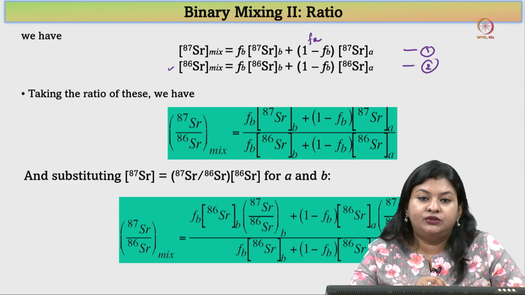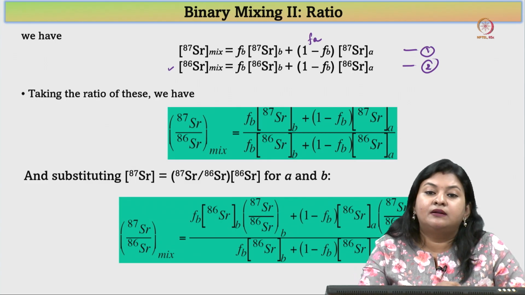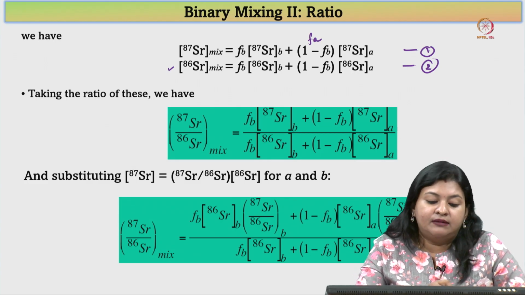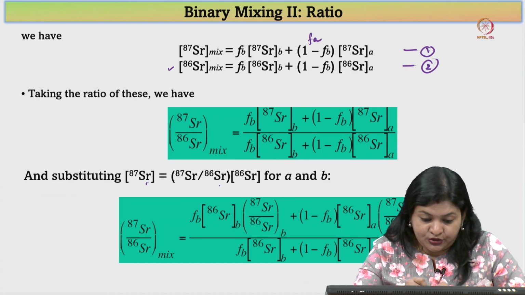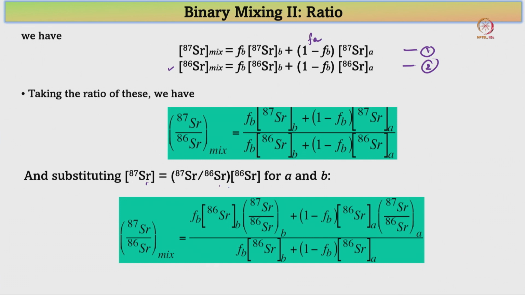Now, let us substitute using the assumption that 87 strontium is equal to the 87 strontium by 86 strontium isotope ratio multiplied with the 86 strontium concentration. Know the difference between the two brackets. When I am using the square bracket, this generally refers to the concentration.